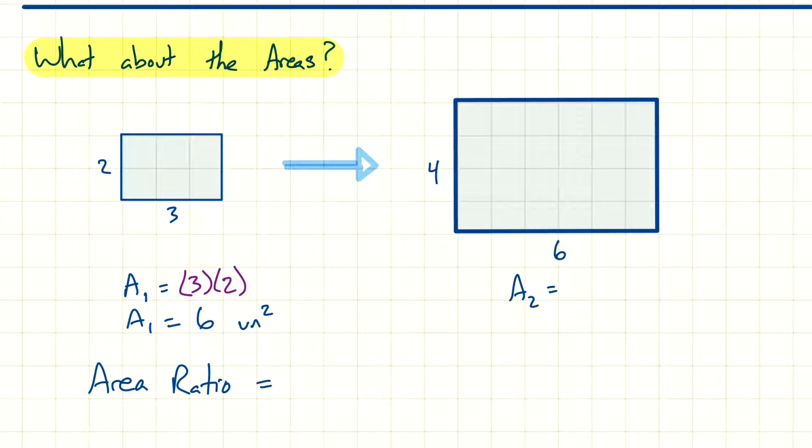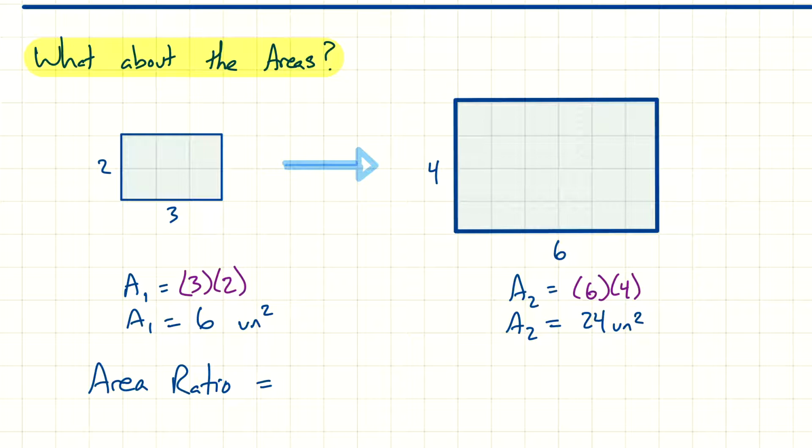The second one, I've labeled them separately A1 and A2, so we could tell the areas apart. For the second one, we would do 6 times 4, and this would give us an area of 24 units squared.